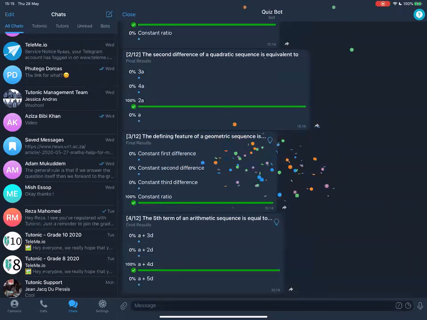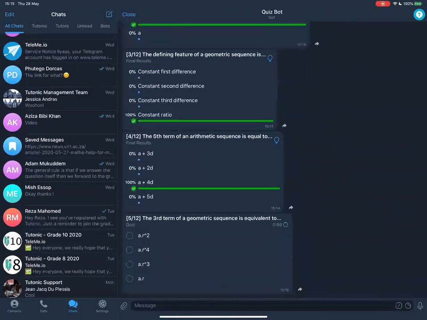Imagine I got that wrong. Do you guys see this light bulb? Yeah. If you click on the light bulb, it shows you where you must go to understand the question that you got wrong. That's the nice thing.